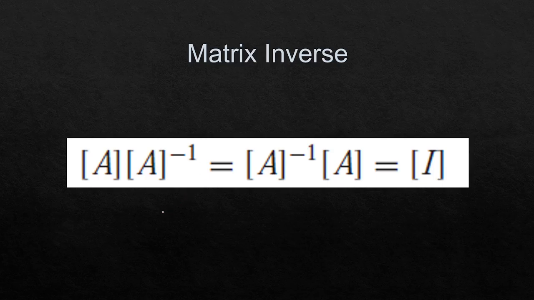But to simplify, when you multiply the original matrix with its inverse, the product or result will be an identity matrix. Recall, an identity matrix is a matrix that has a main diagonal equal to 1, and the other portions equal to 0. So it is a unity matrix, equal to 1.